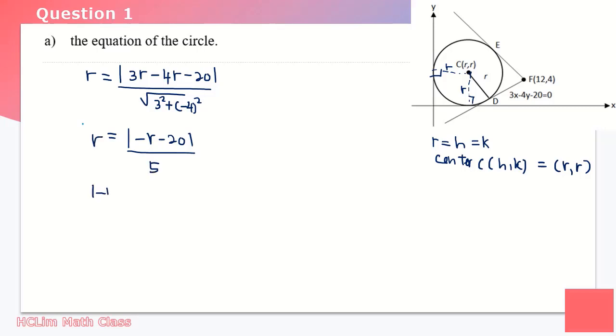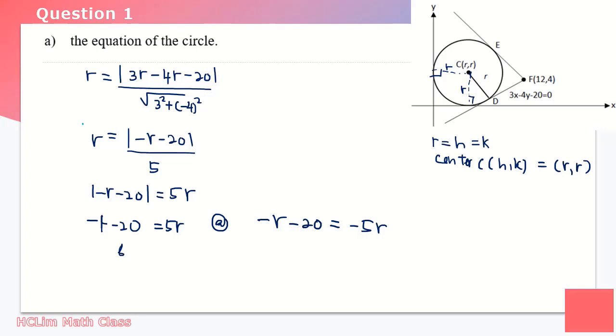So we try to solve this absolute value equation. We have minus r minus 20 equal to 5r, or minus r minus 20 equal to minus 5r. So we have 6r equal to negative 20, whereby r is equivalent to negative 10 over 3. For the other, we have 4r equal to 20, so r equals 5.